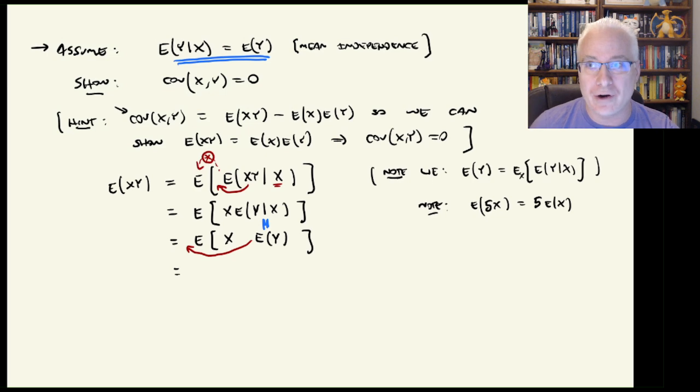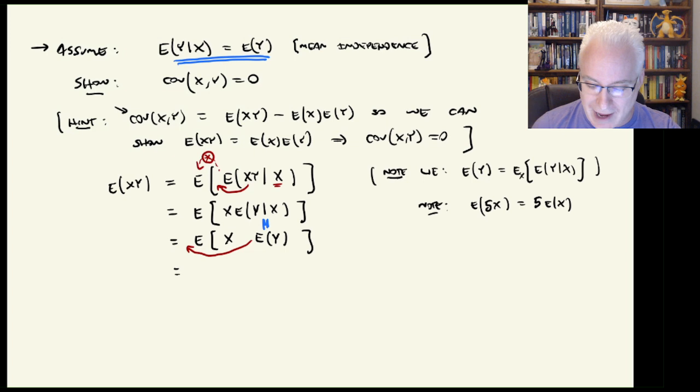It's important that it be an unconditional expected value, so I couldn't have done that in the previous step. I can't pull E of Y given X out because that's still a random variable. But once I get all the way down to an unconditional mean, once I've used that assumption, E of Y is now a fixed number that I can pull out.